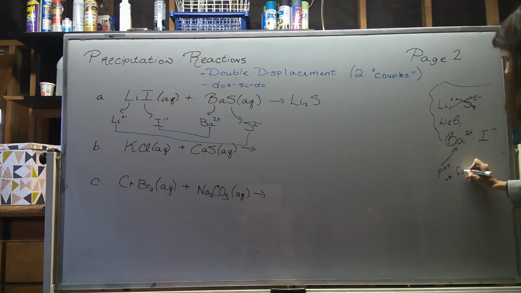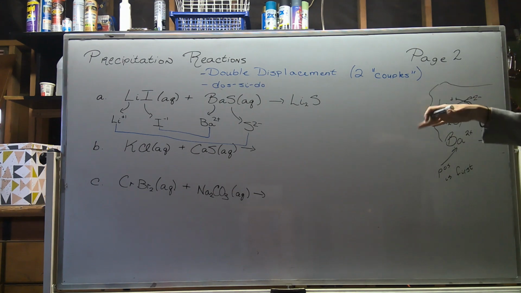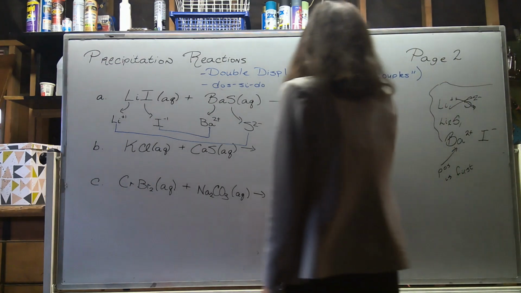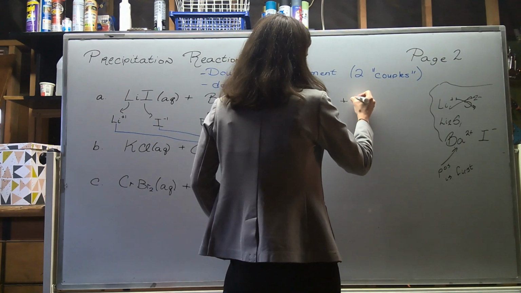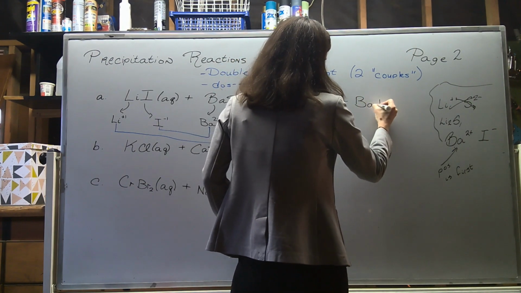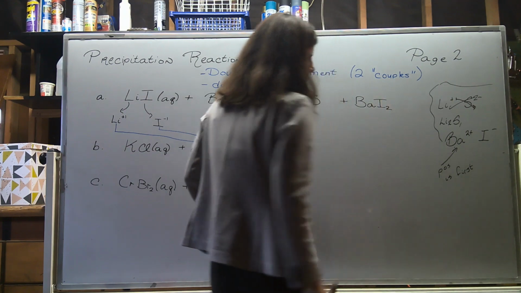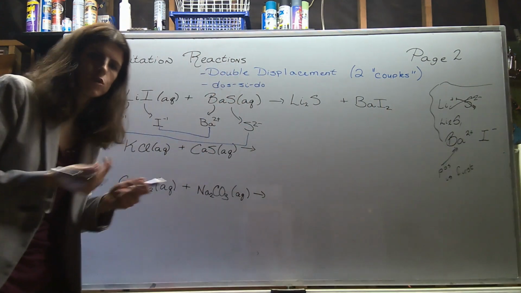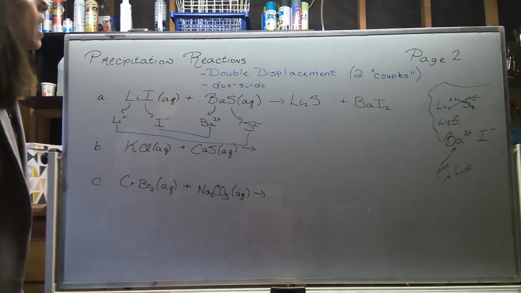And again, I'm just doing this off to the side because this is scrap work. This is not part of your final answer. Crisscross those, and we're going to get BaI2. So far, so good? Should answer your question.